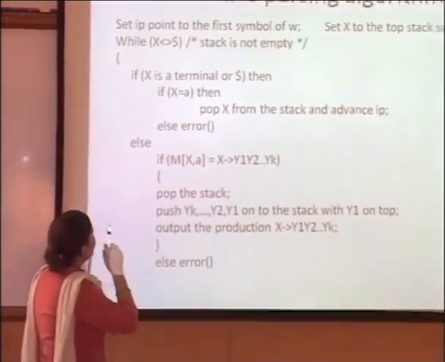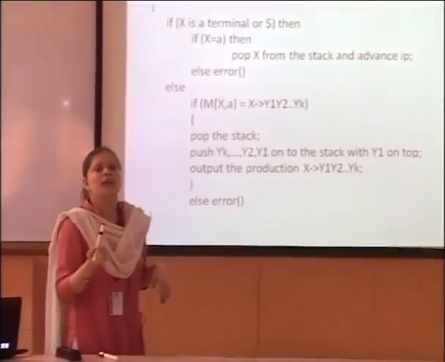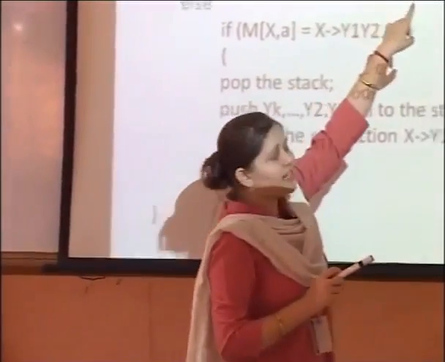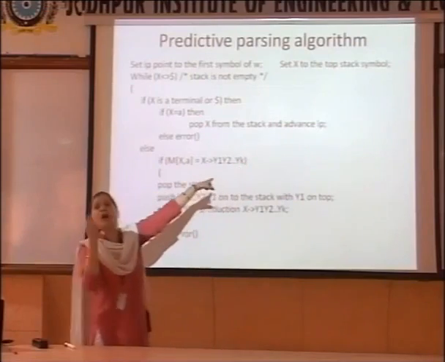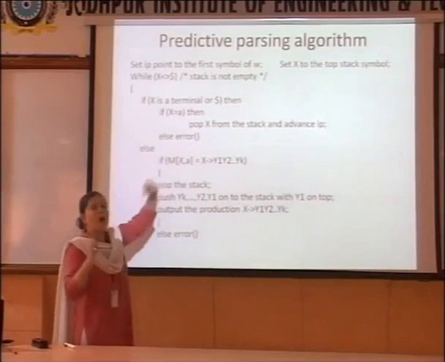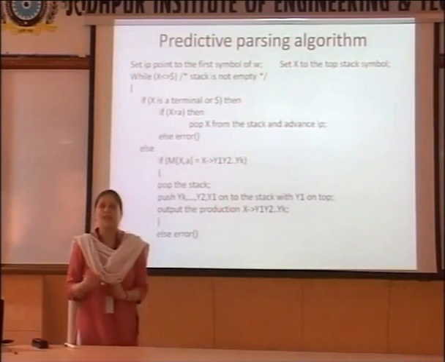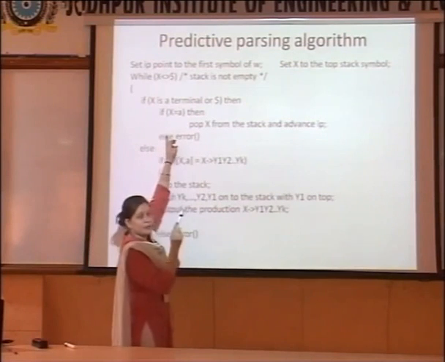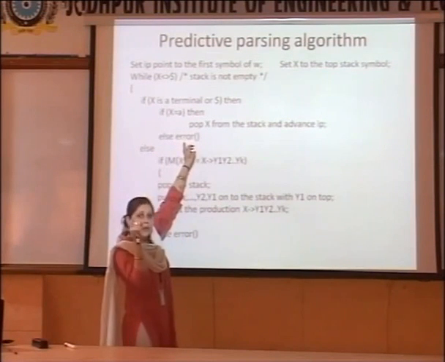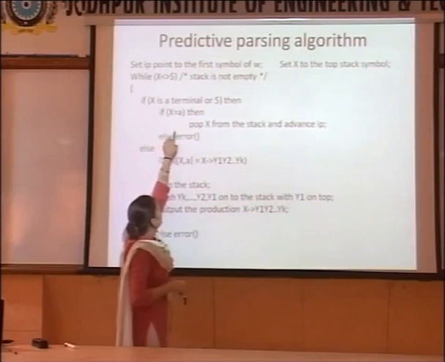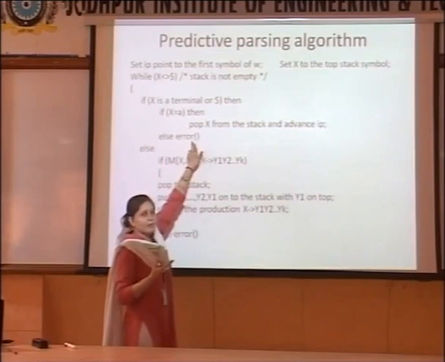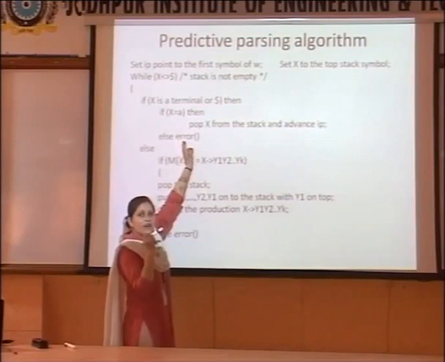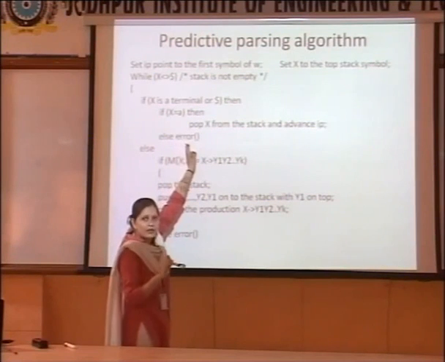We will check until the stack is not empty. If that particular X symbol, that means if the stack's top value, is a terminal or an end marker, this is the very first condition. If the X symbol lying on the top of the stack exists as a terminal symbol, we will check whether that stack value matches with the input pointer value.